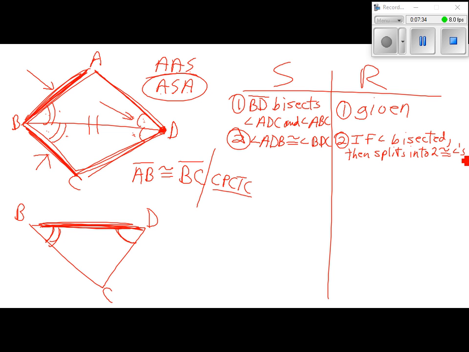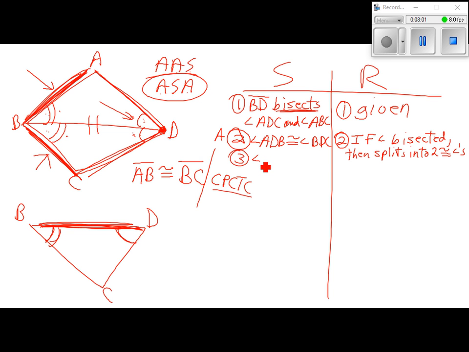Do you think we're ever going to use that again in this class? Over and over and over again. We've only learned like 10 or 12 actual reasons that we use in these two-column proofs, and we're using the same ones over and over again. So every time you see an angle being bisected, that's probably going to be a reason.